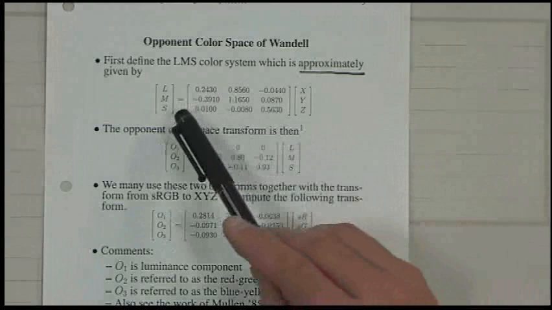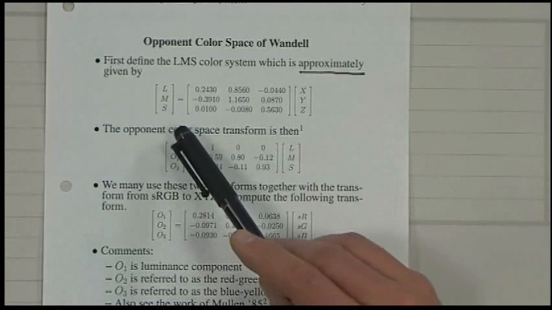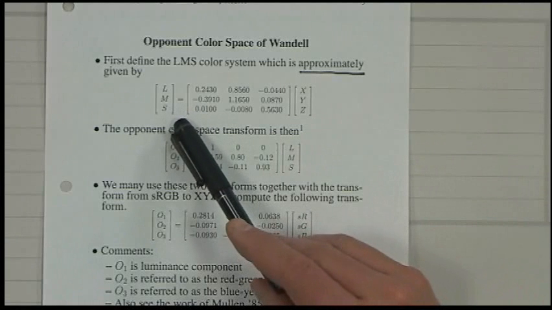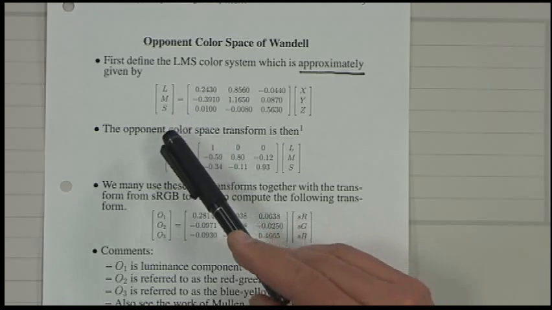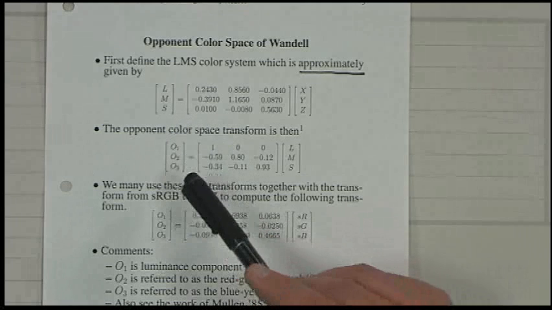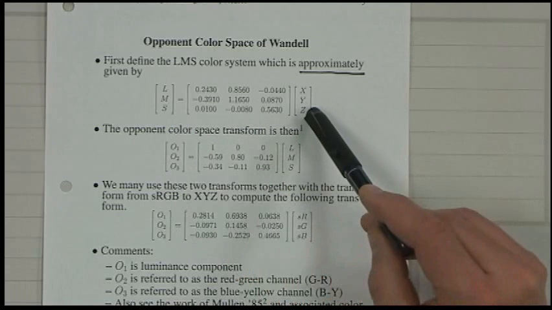It turns out that LMS is a standardized color space in that the psychology community has tried to measure and quantify the color matching functions associated with the long, medium, and short cones for the standard observer under some standardized conditions. But that was done independently of the CIE color matching standards.